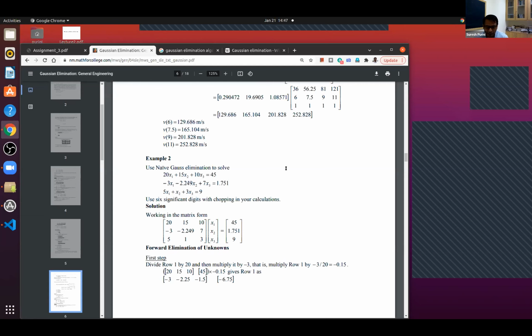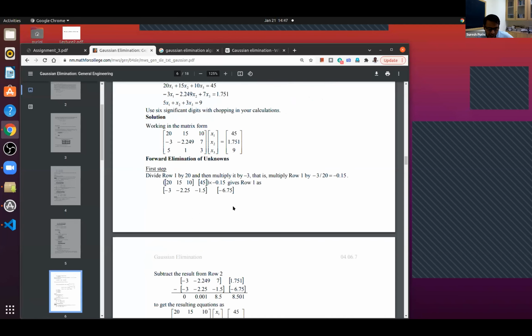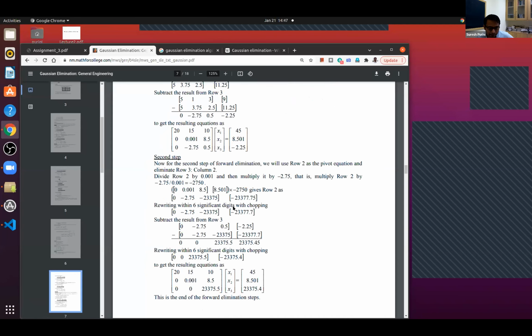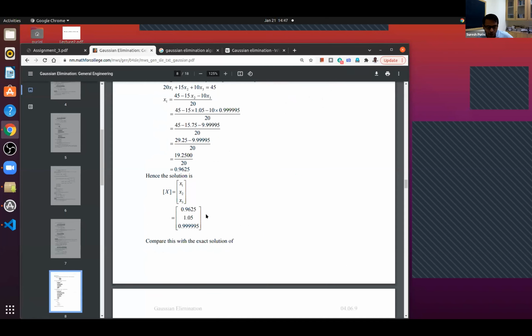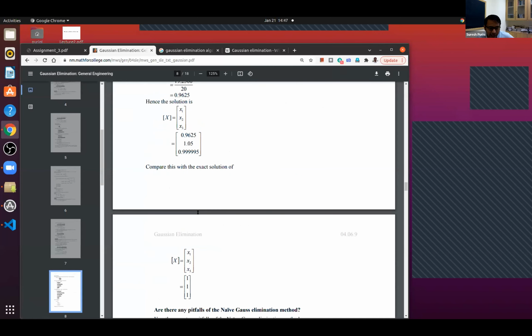The other thing is, when you are working with numerical methods, you get into lots of problems. We have to be careful. For example, if you have read this write-up carefully, during the computation, if you store 6 digits after the decimal, then this is the solution that you get, and the exact solution is all ones.